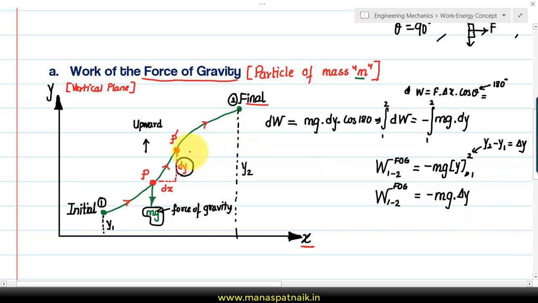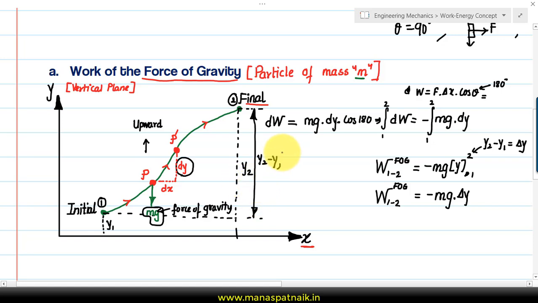Let me simplify this further. If I can just extend this, keep on going ahead, and make this dimension, this over here and this over here, that's y2 minus y1.